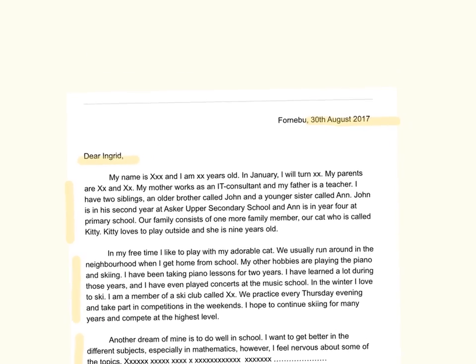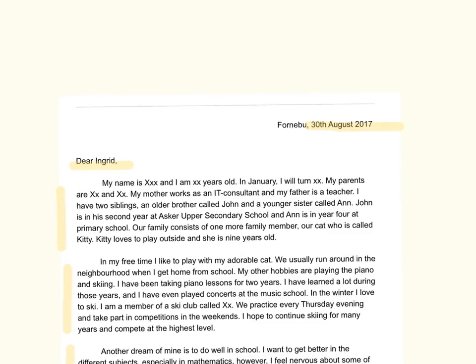As you can see here in the top right corner, I have used a comma after the place before the date, and a capital letter in the month, because that's the way you write the different months in English.